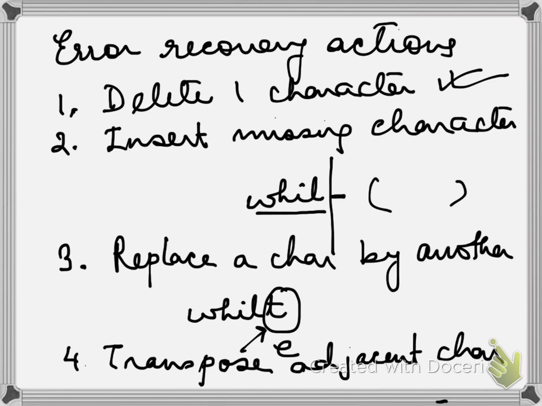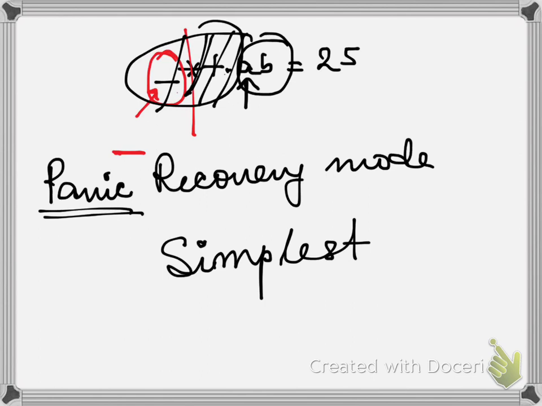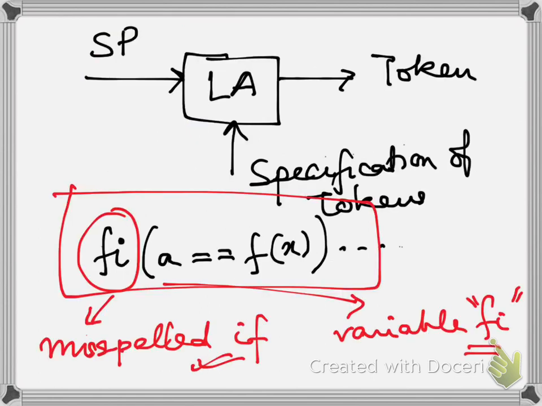Like, for example, our previous example: FI was actually a mistake. It should have been IF. So it will transpose it, exchange the two characters, and convert it into an if. It will consider it as an if.